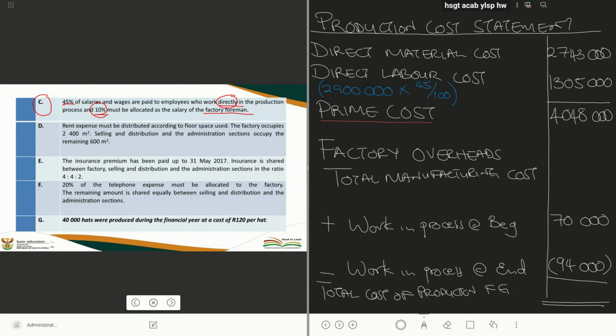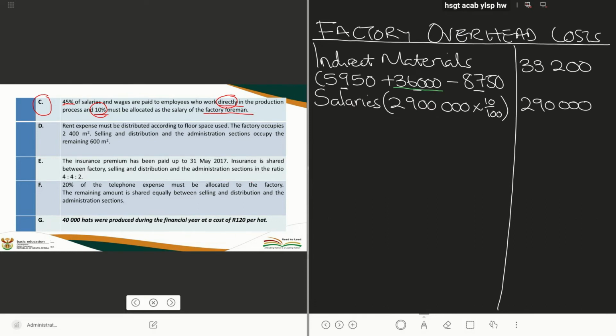So where do we take it? We took it to our production cost statement. And then it says 10% is for the foreman. So that means we take it now to our factory overhead as the 290,000. Boys and girls, let us continue.